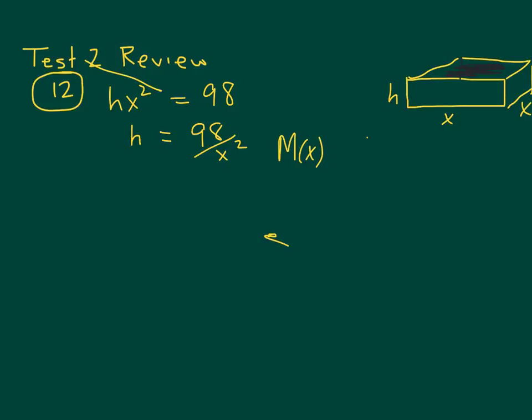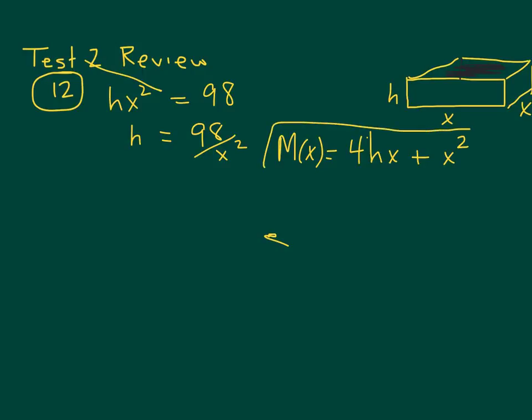And we have 4 of those. So those are the 4 sides of the rectangular box here. And then we have one base, and the area of that base is x squared. So 4hx plus x squared is the amount of material that's being used.